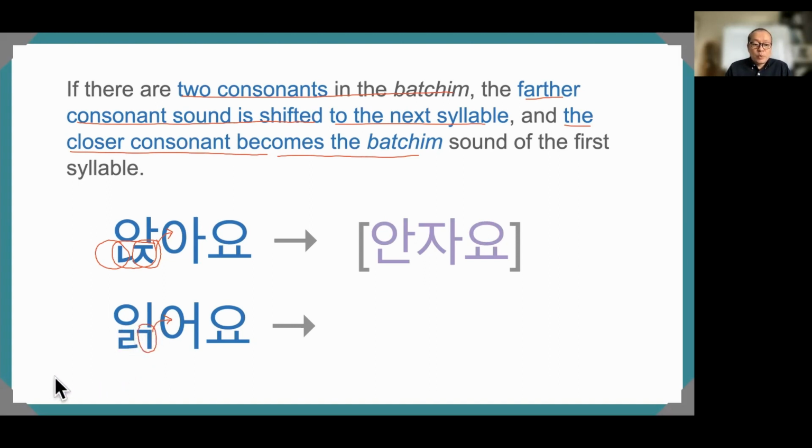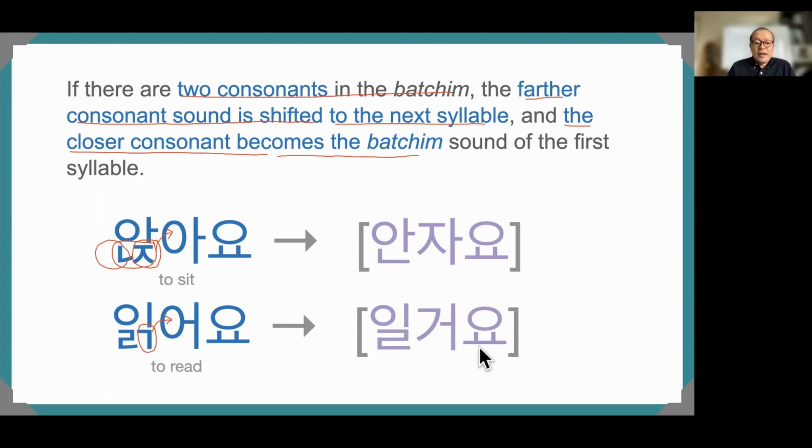So if we pronounce this, 읽어요, 읽어요. Okay, let's read one more time. 앉아요, 앉아요, 읽어요, 읽어요, like this. I hope you understood.